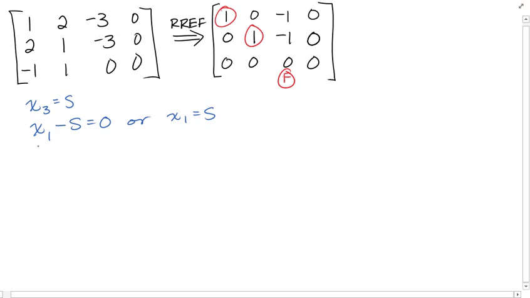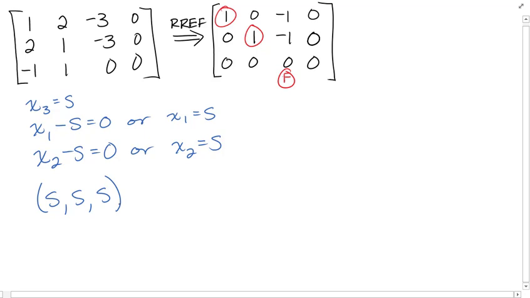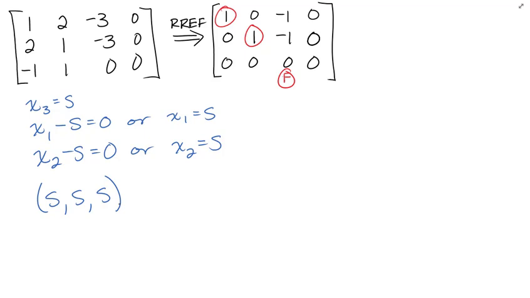And the second row says x sub 2 minus s equals 0, or x sub 2 equals s. So we have a unique situation where x1, x2, and x3 all equal s. That's the parametric equation for the solution set of this system. It has an infinite number of solutions. Pick your s and you're good to go.